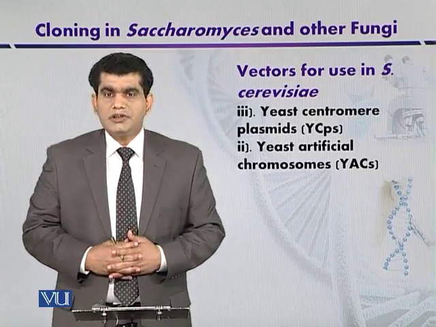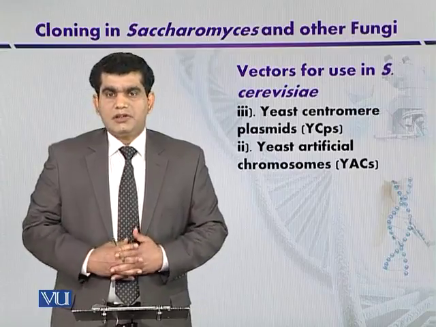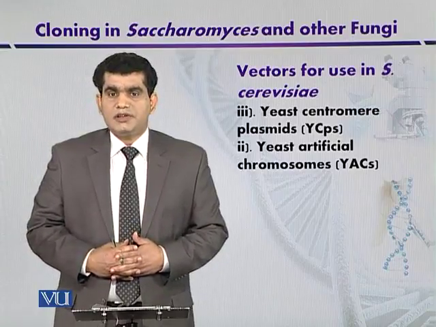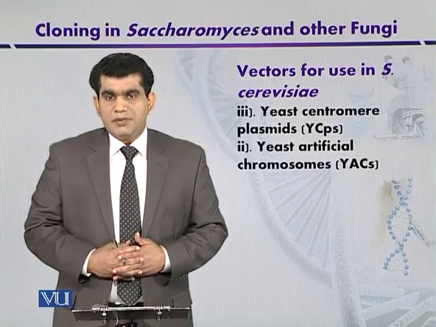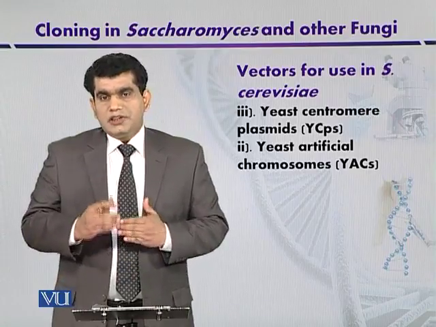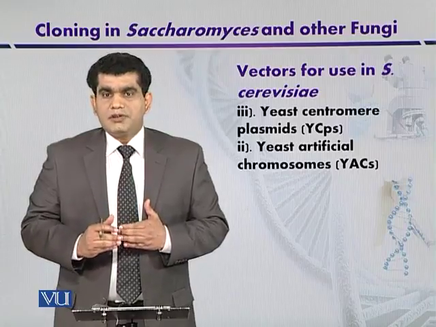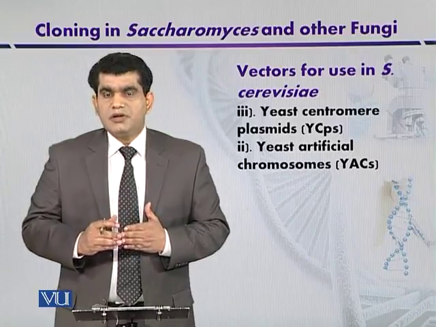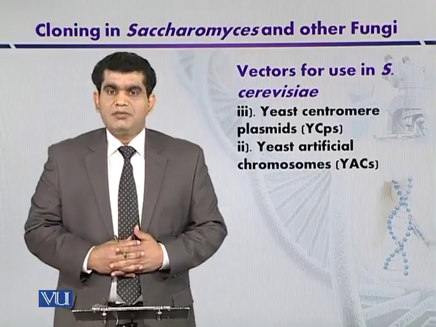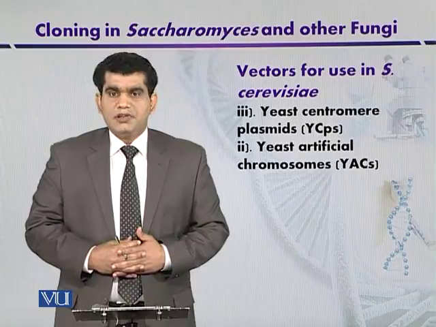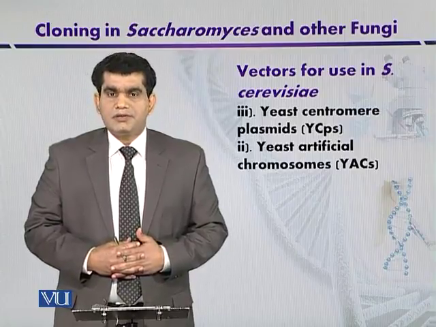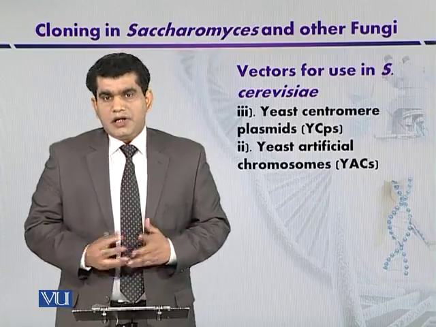But the most important, or the example that we are going to focus on here, is the yeast episomal plasmids or YEPs. This plasmid has been developed by using the origin of replication from another artificial bacterial plasmid called pBR322.